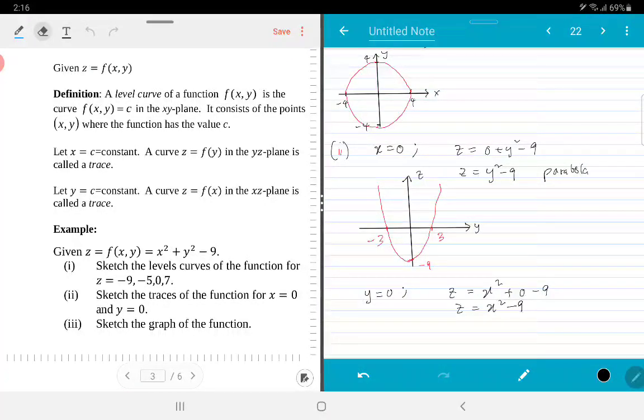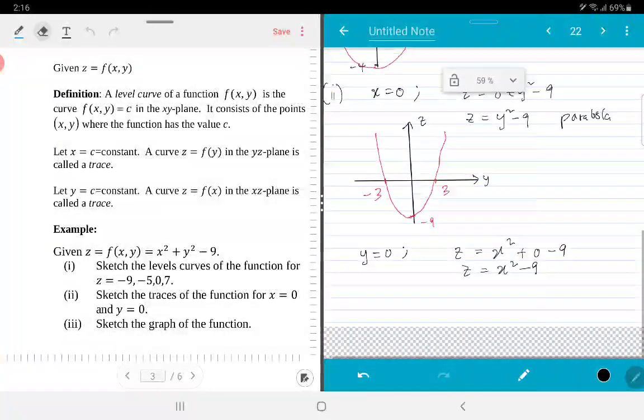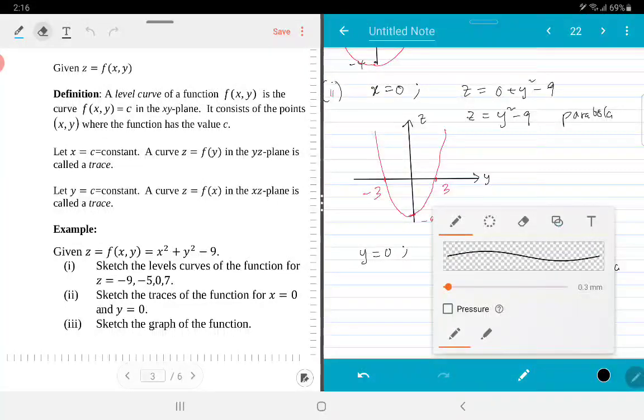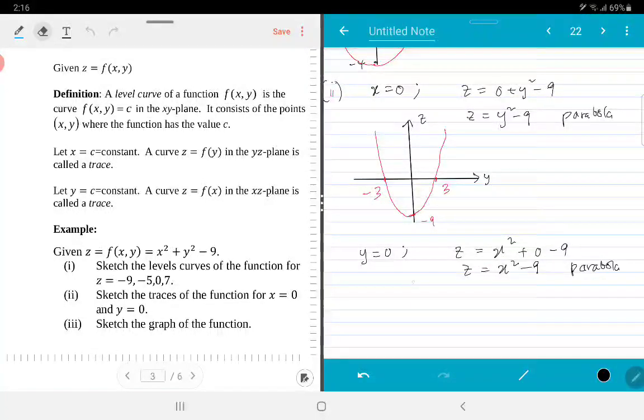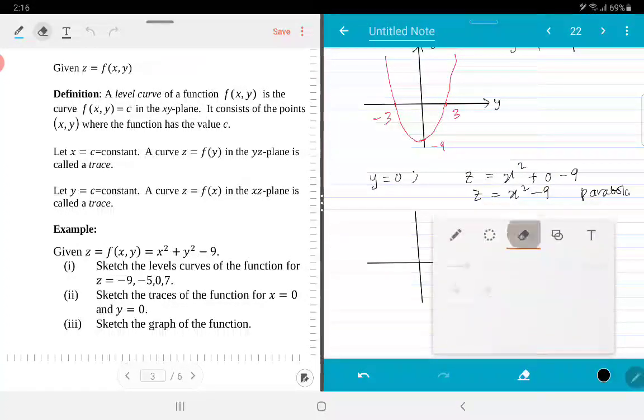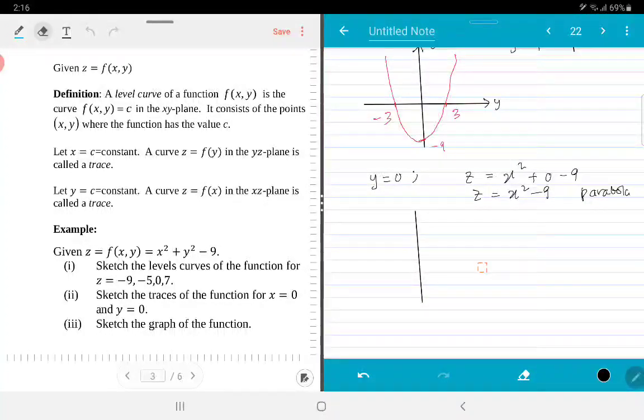Simplify that, then you have your equation there, and you can see that this equation represents a parabola, open upwards as well. But our parabola now is on the xz plane. So just sketch this on the xz plane.